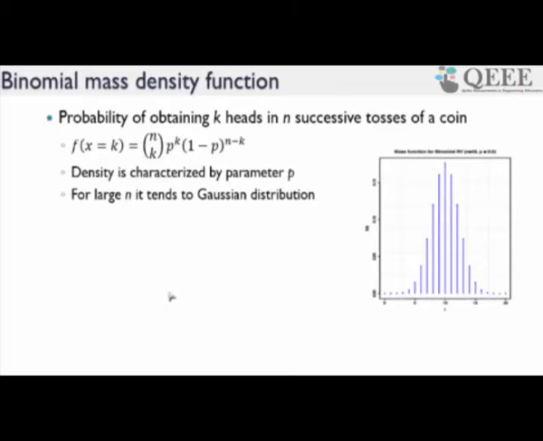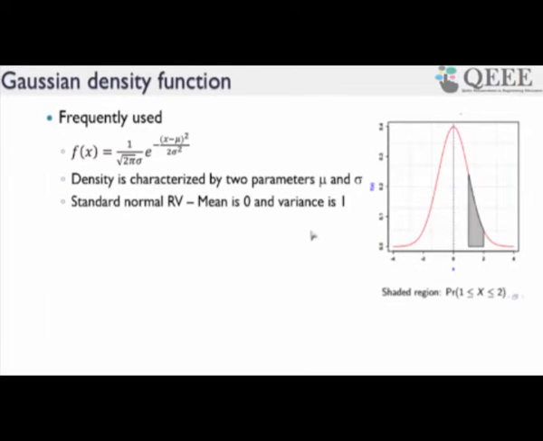Now when n is very large, that is, the number of successive tosses of coins is very large, it starts looking more and more like a Gaussian distribution, which is what is shown here. Another distribution function that is frequently used, which we saw from the previous slide, is the Gaussian density function.